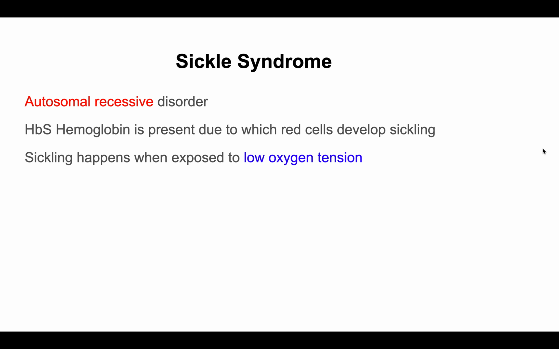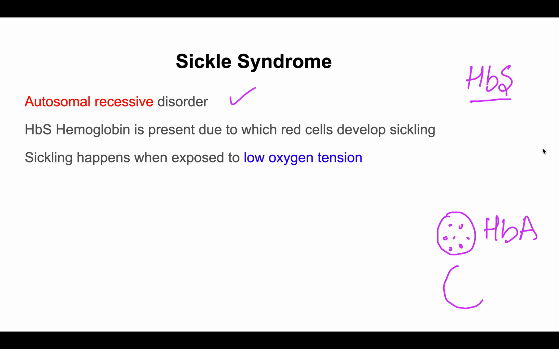What is sickle syndrome? Sickle syndrome is an autosomal recessive disorder. Here there is HbS present, and this HbS is responsible for RBCs getting sickled. HbA, the major hemoglobin seen in adults, is evenly dispersed in the RBCs. HbS is also evenly dispersed, but what happens whenever there is low oxygen tension?